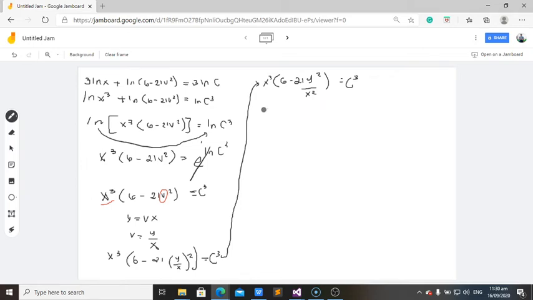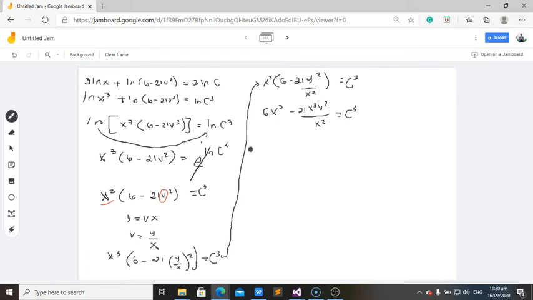So we have 6x cubed minus 21 x cubed y squared divided by x squared, equals c cubed.